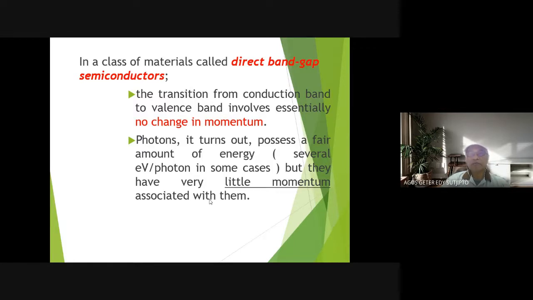So the transition from the conduction band to the valence band has essentially no change in momentum. The momentum is the same, so we have the same K in this conduction band and this valence band. So this is for the direct band gap.